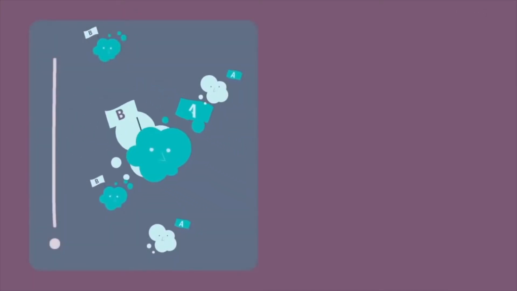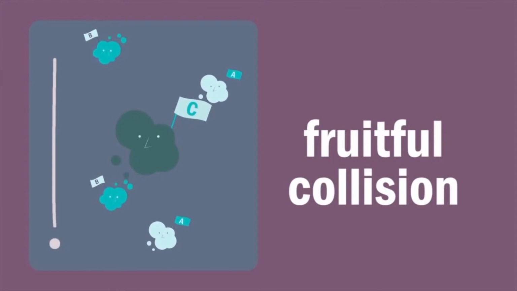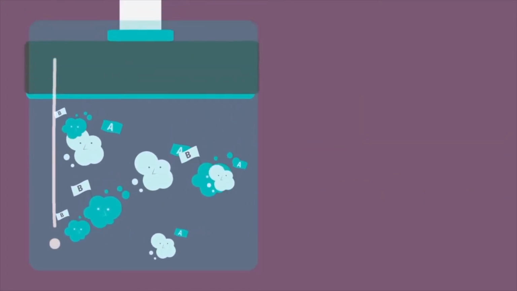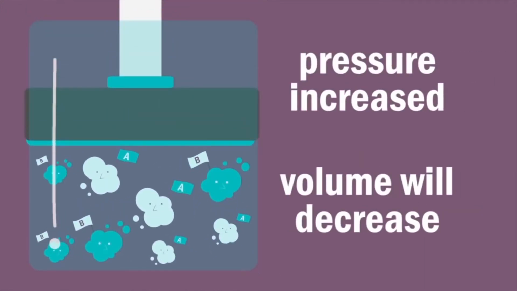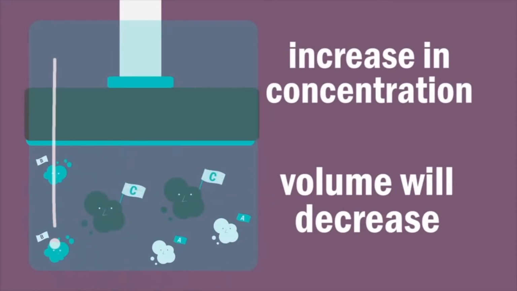Collisions between particles to form a product are known as fruitful collisions. Therefore, rate of reaction equals the number of fruitful collisions. If the pressure of this reaction is increased, the volume will decrease and the concentration will increase, hence increasing the rate of reaction.